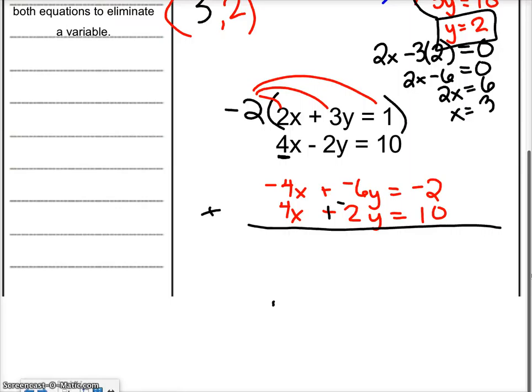Negative 4 plus 4 is nothing. Negative 6 plus negative 2 is negative 8y. Negative 2 plus 10 is negative 8. Just kidding, positive 8. Y is negative 1.